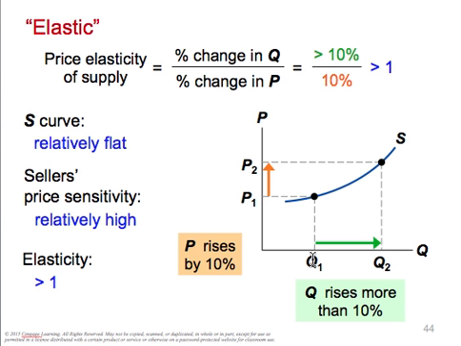Price goes 10% up to price 2, and look how much ground we covered between the two quantities. Quantity rises by more than 10%. That's when you know you have elasticity greater than 1. It's a very elastic supply. The willingness to supply a good or service ranges wildly depending on price. If you get a little higher price, you're going to get a lot more quantity.